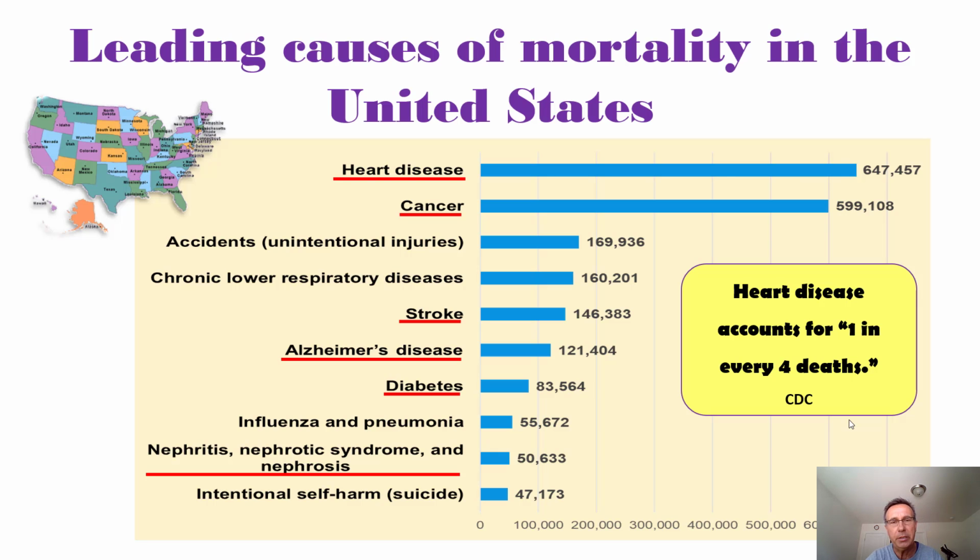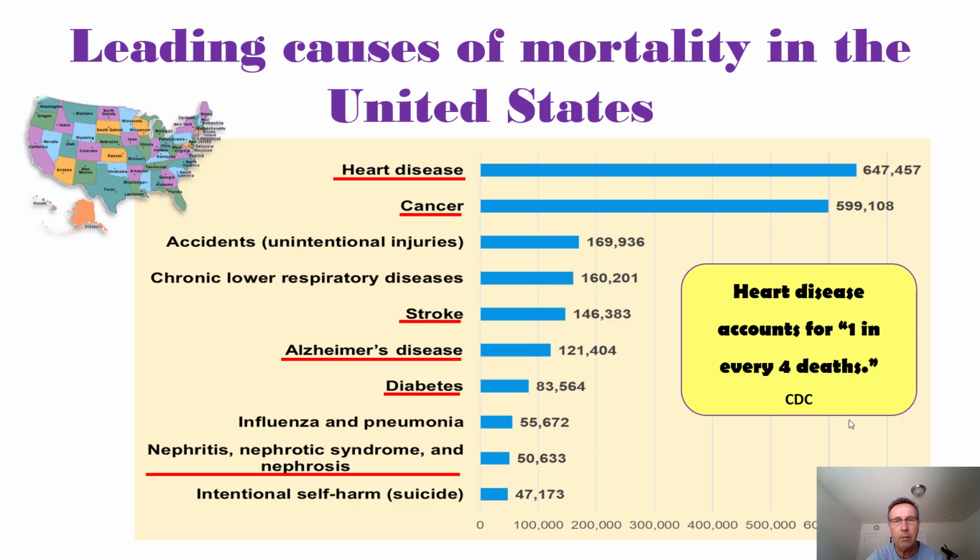I'm not saying by this that nutrition is the only cause, but it is one of the major causes of developing and dying of these diseases. And I could actually argue that some of the other causes of death are at least in part directly or indirectly related also to nutrition or lifestyle.